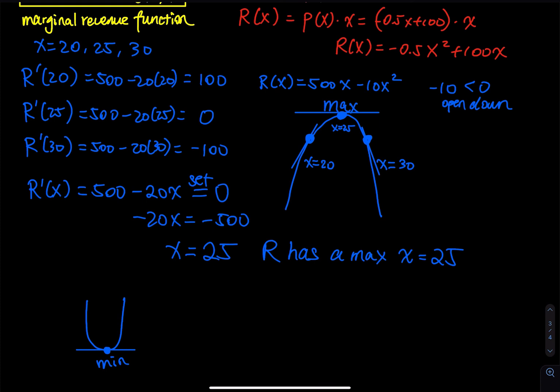If that is a negative 10, we have a maximum, because a negative coefficient means the parabola opens down, and at the top of the mountain, we have a maximum. And if that is a positive leading coefficient, the parabola opens up, and at the bottom of the mountain, we have a minimum.